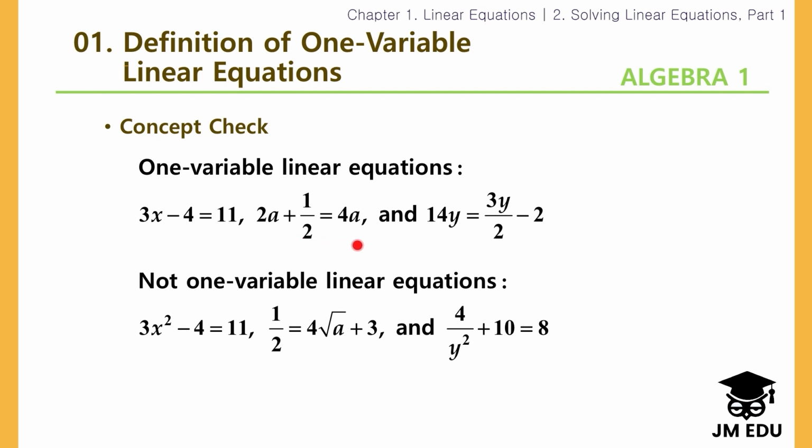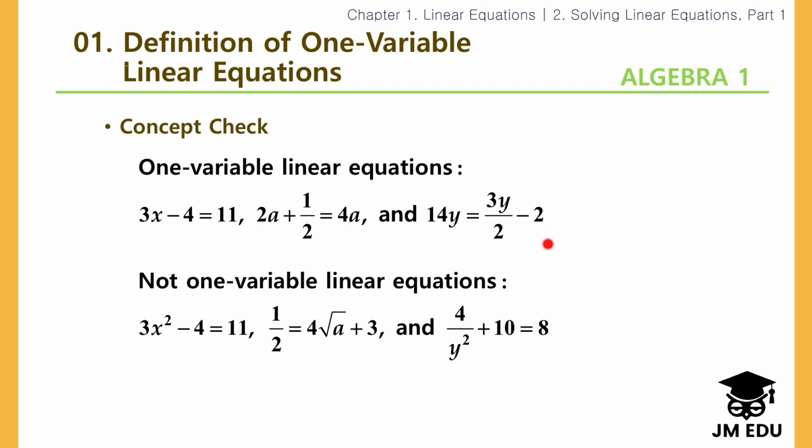This equation has one constant and two terms of a constant times the first power of a single variable a, right? So this is also a one variable linear equation. And also this equation: constant times the first power of a single variable y, right?